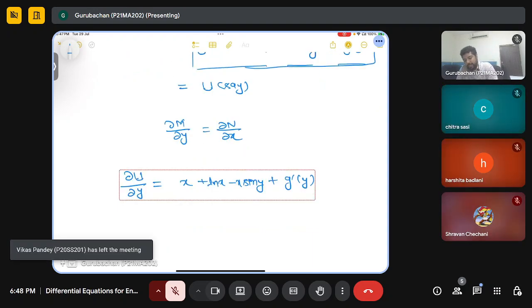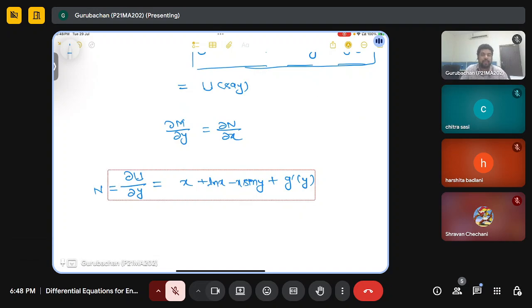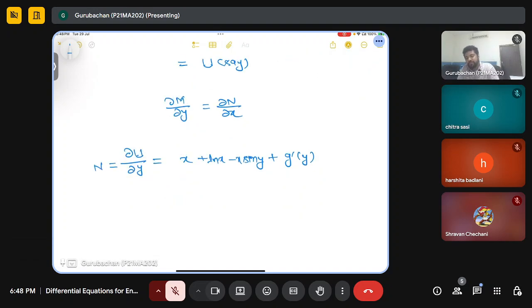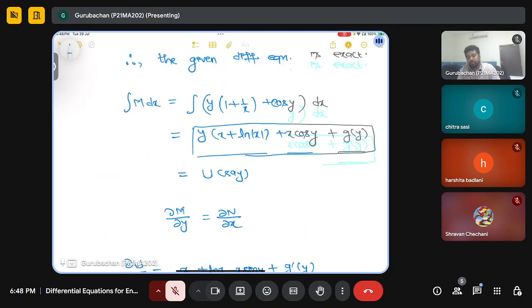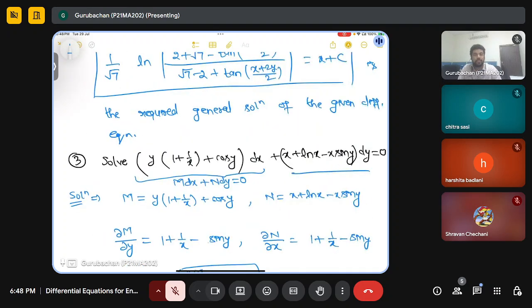If you observe, this ∂u/∂y is nothing but N. So what is the value of N? I will let you know why I'm doing this. What is the value of N? x plus ln x minus x sin y.